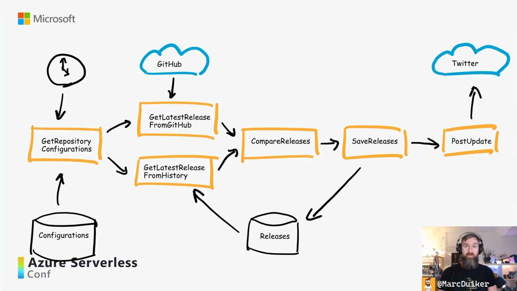There's a great package called Durable Functions, which you can install. It's available in multiple languages. If you want to know more about Durable Functions, then please watch the session by Jonah Anderson, because she will go into detail about Durable Functions and the different application patterns you can use. So definitely watch that session.